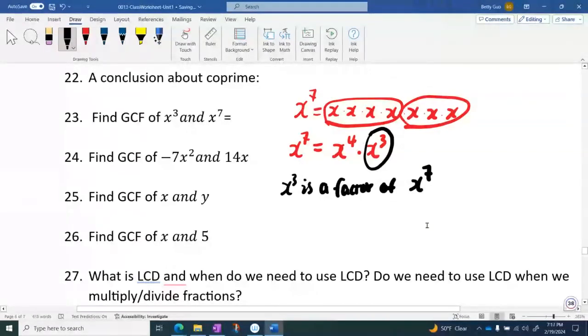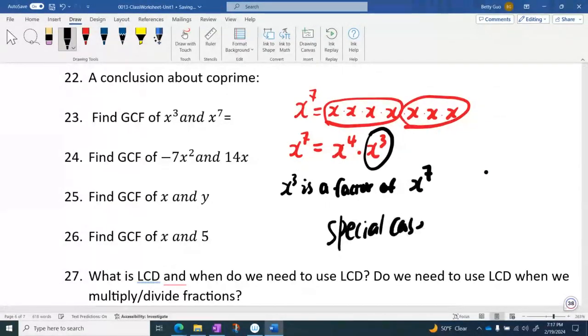Not exactly the same as the case in which the two things we have are numbers. Here, the two things we have are two terms, but they have the same base. I want you to agree that x cubed is a factor of x^7, and that makes this special case number 1.